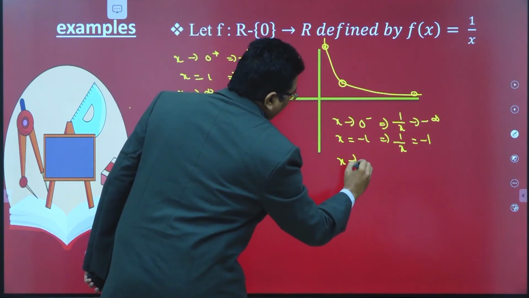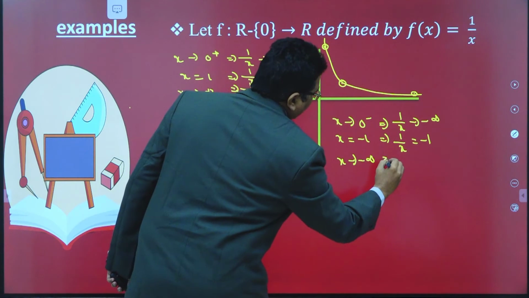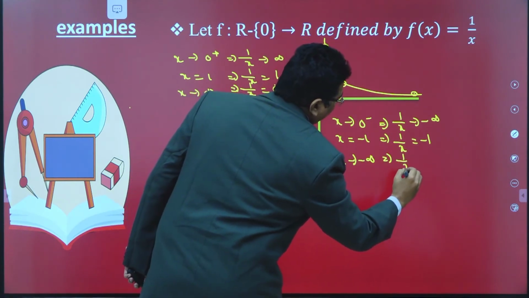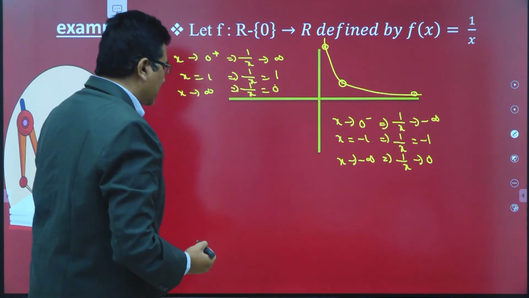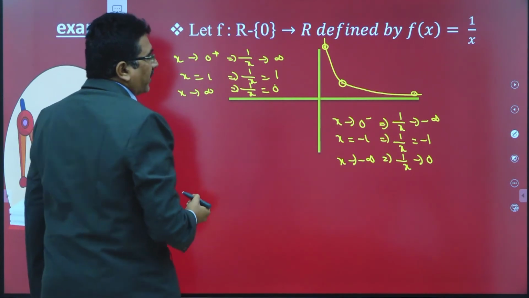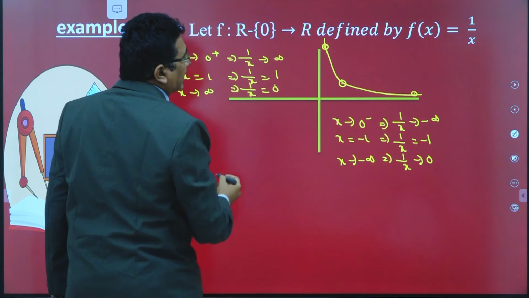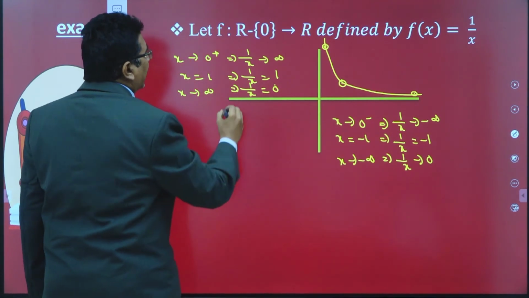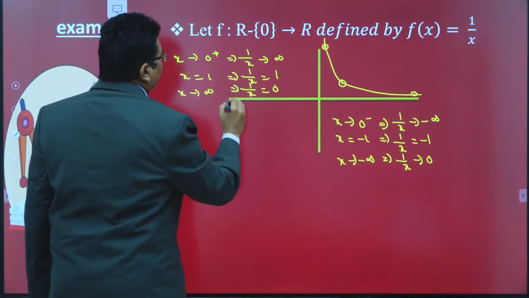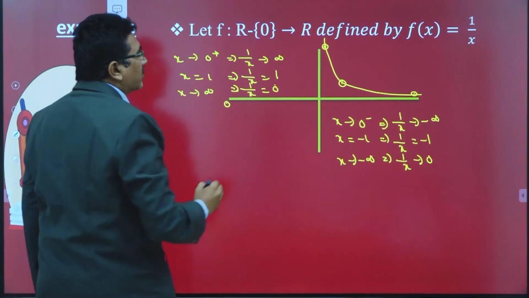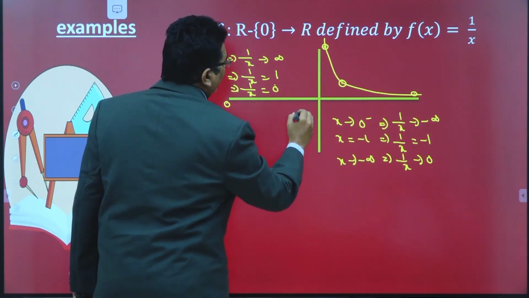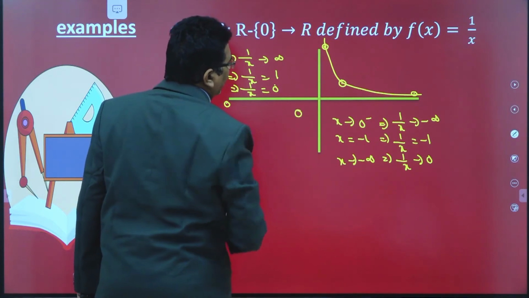As x tends to minus infinity, 1 by x tends to 0. Now see the graph. Suppose this is a point. Now minus 1 comma 1 is a point.